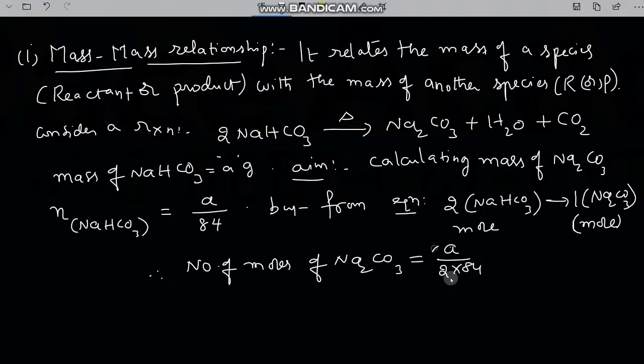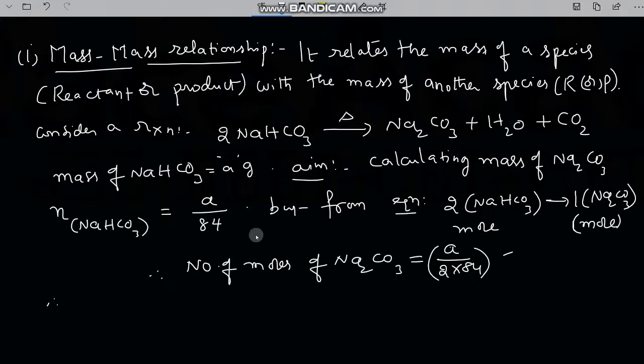Therefore, the weight of the sodium carbonate produced is moles of sodium carbonate times its molecular weight, which we know is 106. Using that we can find it.